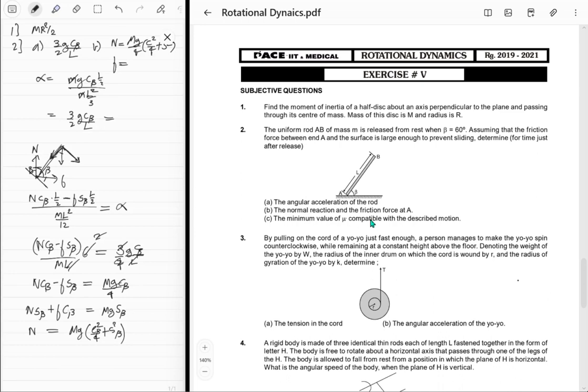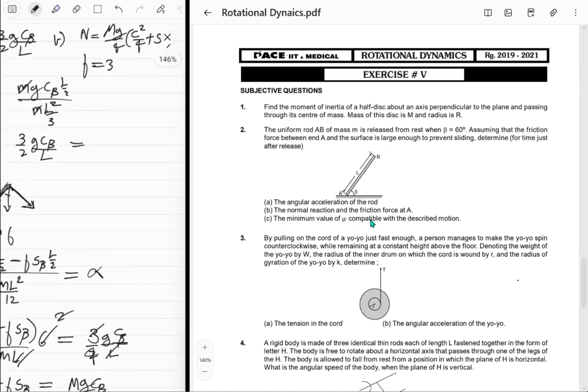We'll multiply this equation by cosine beta and this equation by sine beta, and then subtract, so we'll get the friction force that way. So this will be sine beta cosine beta, and then you got mg minus mg upon 4, so 3/4 of mg. That should do it. So it's going to be 3/4 mg sine beta cosine beta, right? Okay, cool.